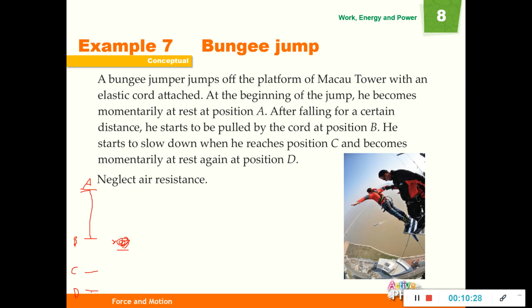D will be the lowest point. A, B, C, D should be like that. I will explain it later. B and C.